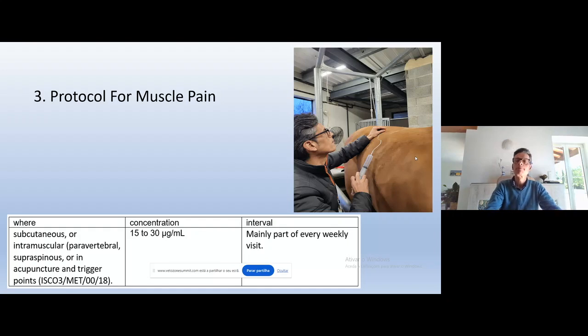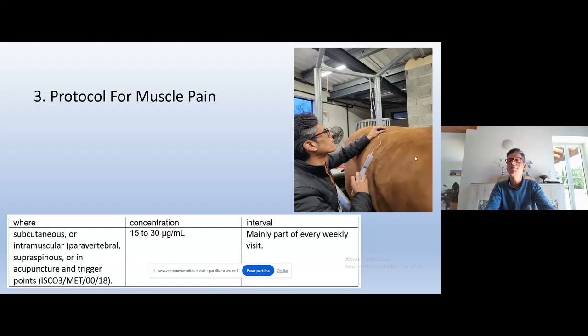I write here that the interval is mainly part of every weekly visit, because in equine athletes, I think dorsal sacroiliac pain is part of every visit, either primary or secondary to problems, to lameness in the limbs.